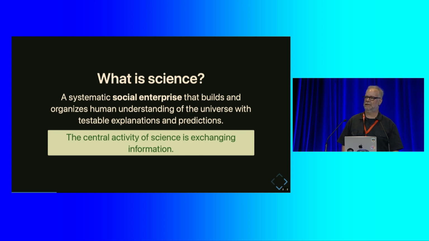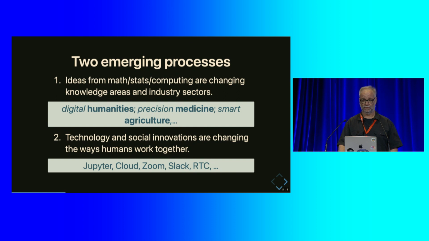And the central activity, which overlaps with Paul Romer's talk just a moment ago with the drawing that he made, the central activity is the exchange of information. And Jupyter and the tools that this community has built and are building are changing the way that we can exchange information between humans. And so I think we are contributing to the underlying infrastructure that allows science to unfold.